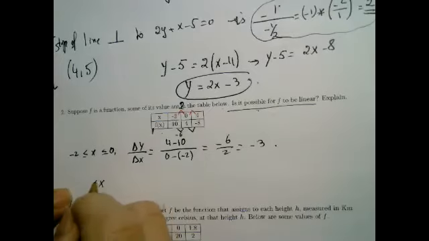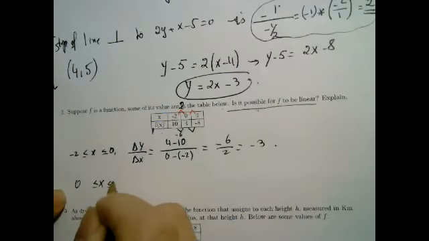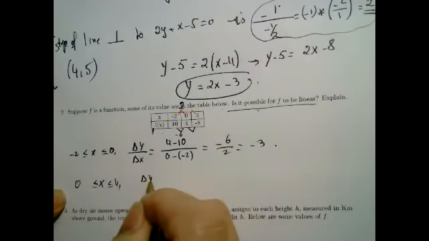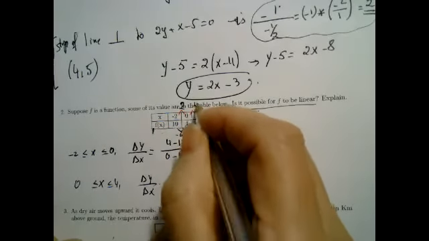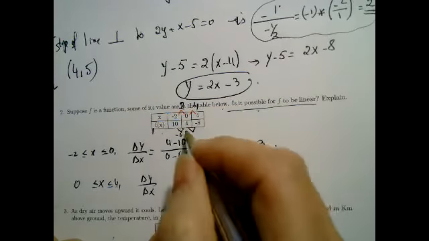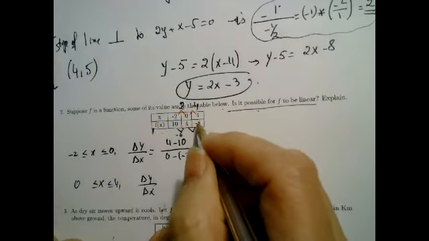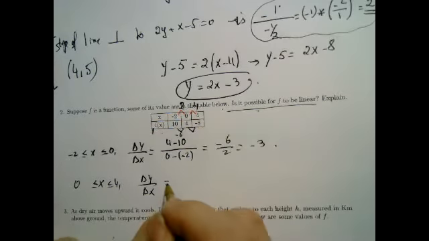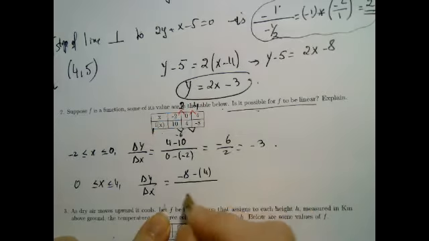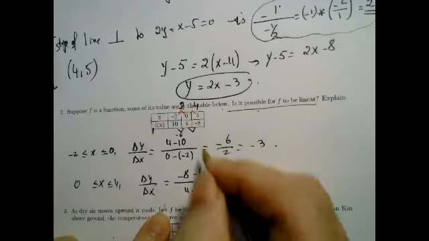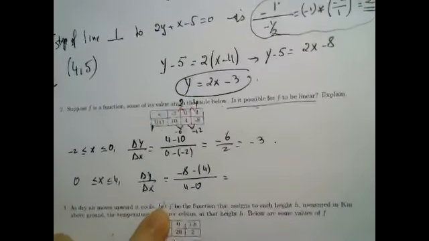And between 0 and 4, what happened to the ratio? Between 0 and 4, x went up by 4, and y went from 4 to minus 8. So it's minus 8 minus 4 over 4 minus 0. From here to here is minus 12.